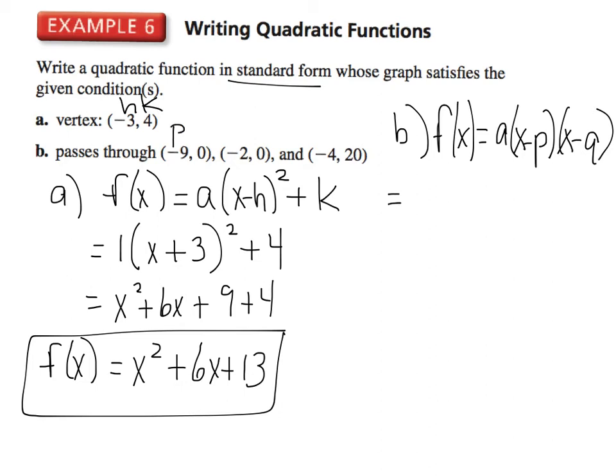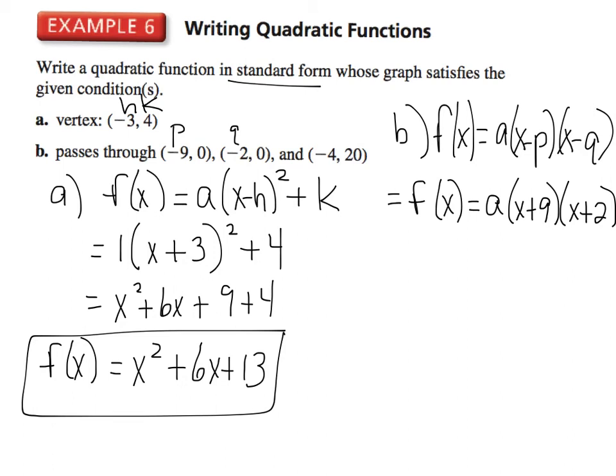Well, I know these are my p and q. So that gives me f of x equals a times x plus 9 and x plus 2, since my p and q are negative 9 and negative 2.